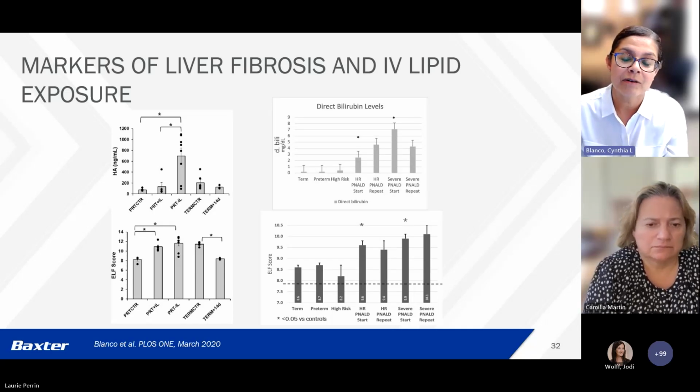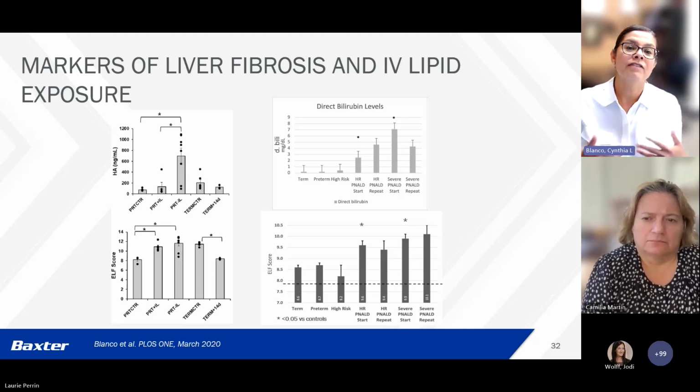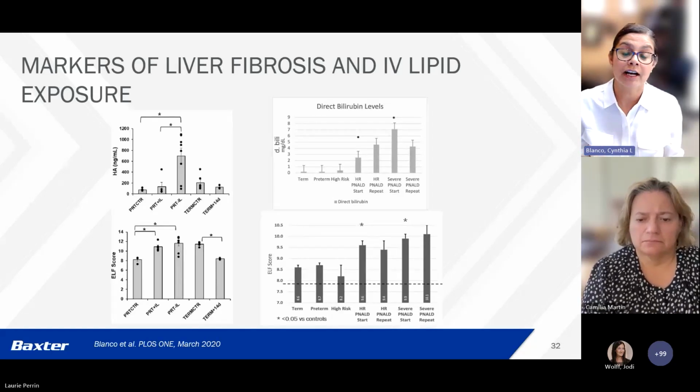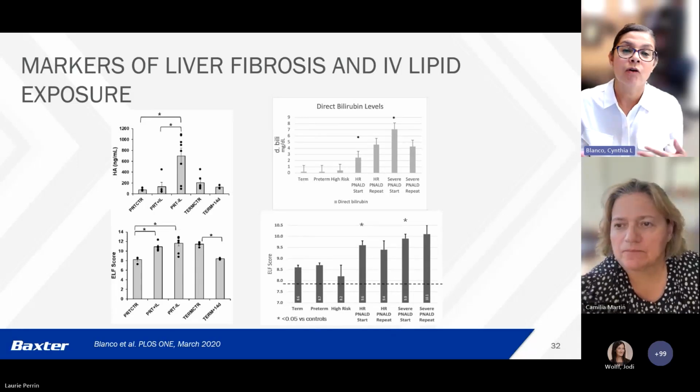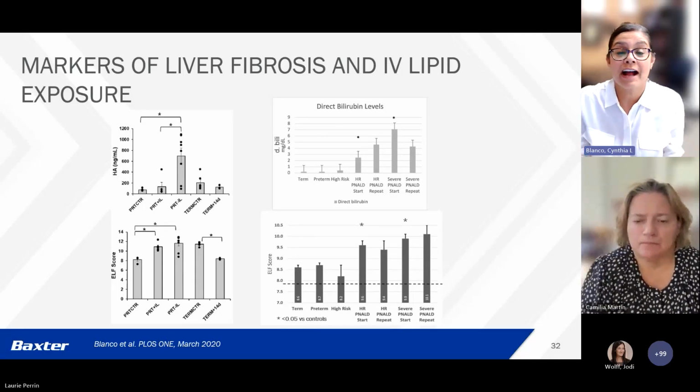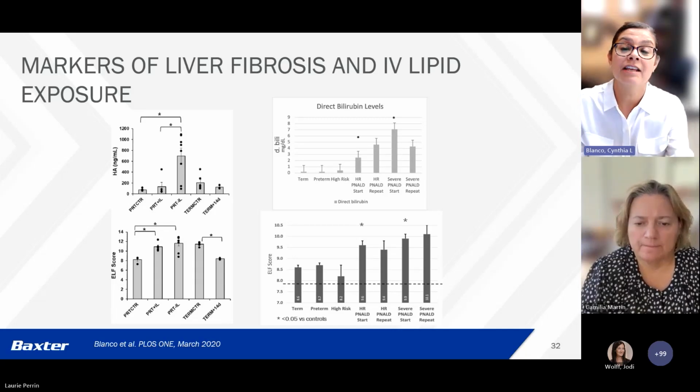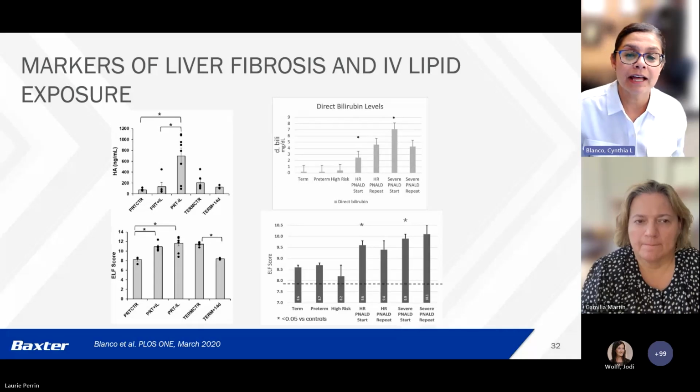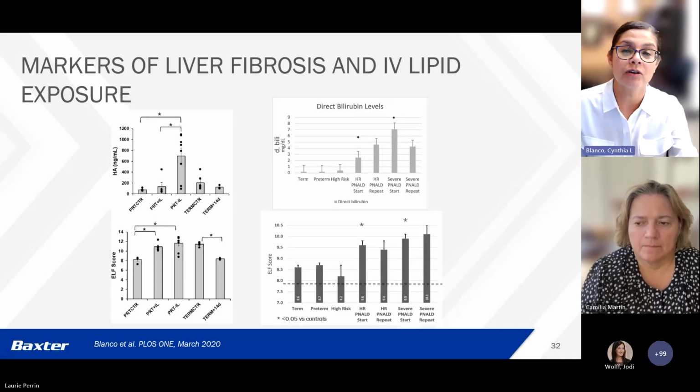So again, considering that we have novel markers to measure liver disease, they're all over the place. We don't have a really good way of measuring liver fibrosis, an end product of liver disease, currently, because you are only able to measure these in the lab. So I think there is a lot more that we need to understand on how to have a good marker for that liver disease.